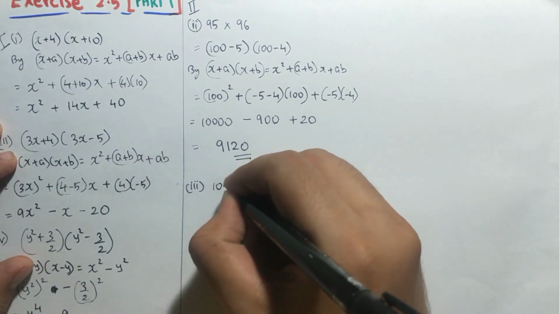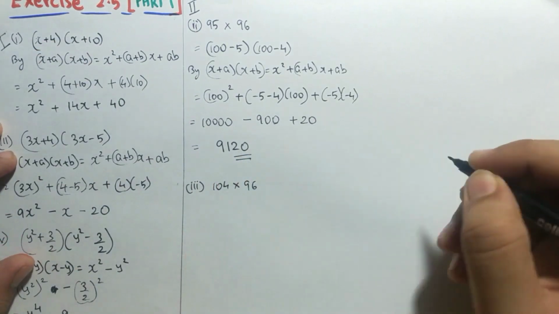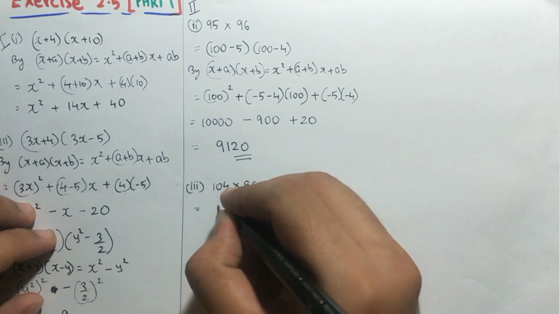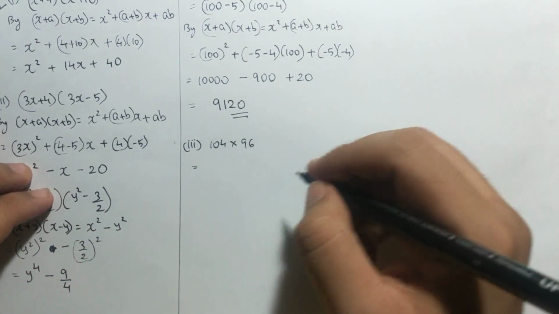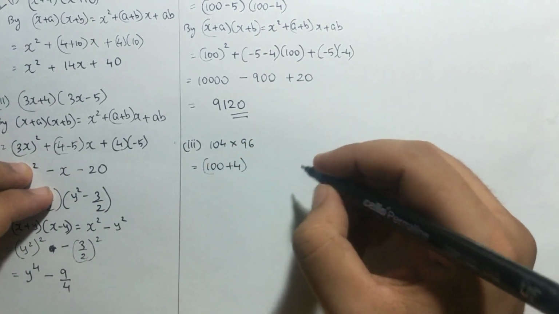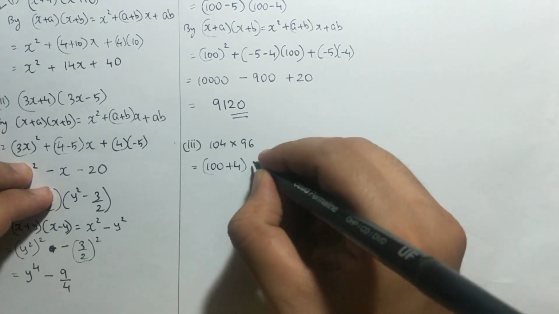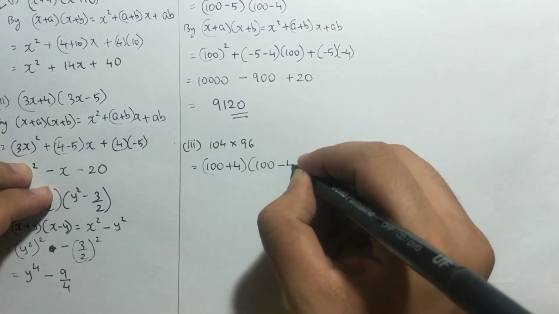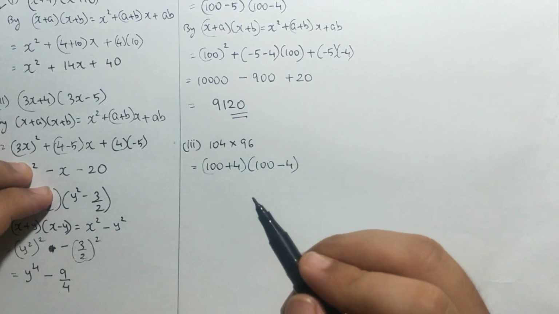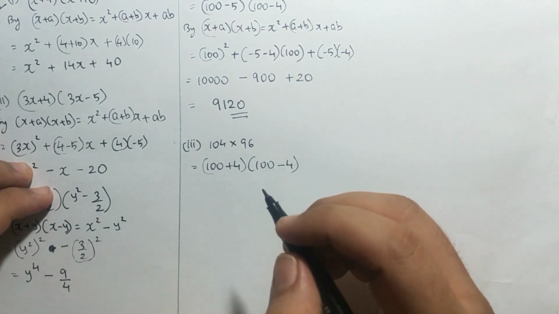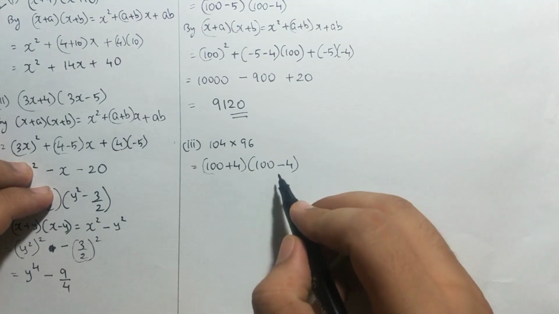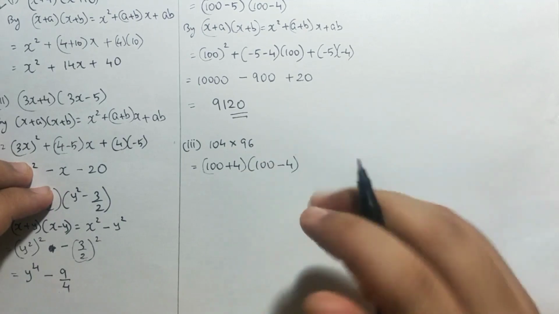Third is 104 multiplied by 96. This 104 can be written in the form of 100 plus 4, and this 96 can be written in the form of 100 minus 4. Can you see both the first terms of the brackets are the same? And the first bracket has a plus sign, the second bracket has a minus sign, meaning different signs.